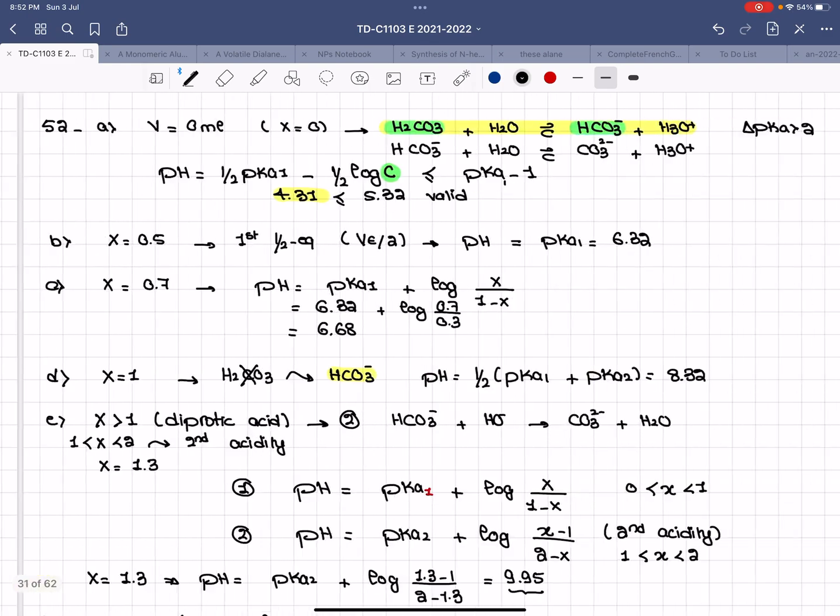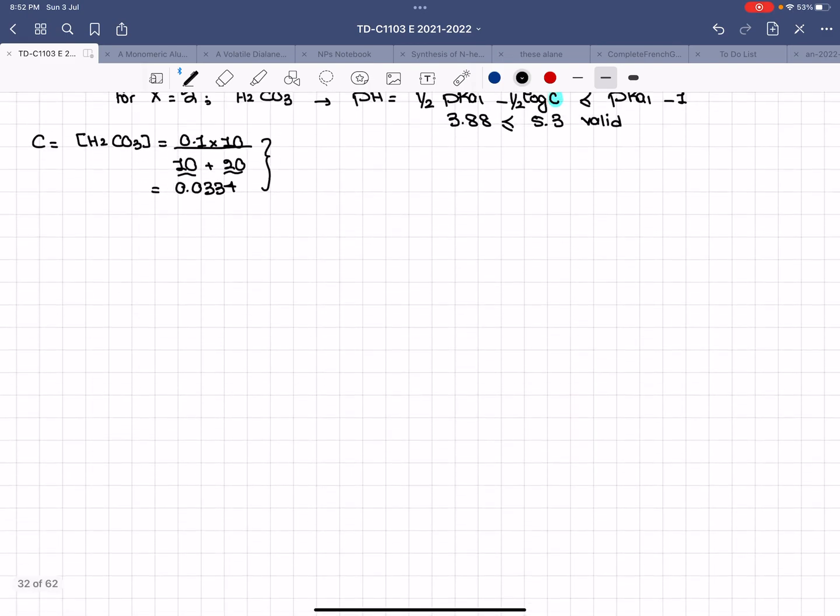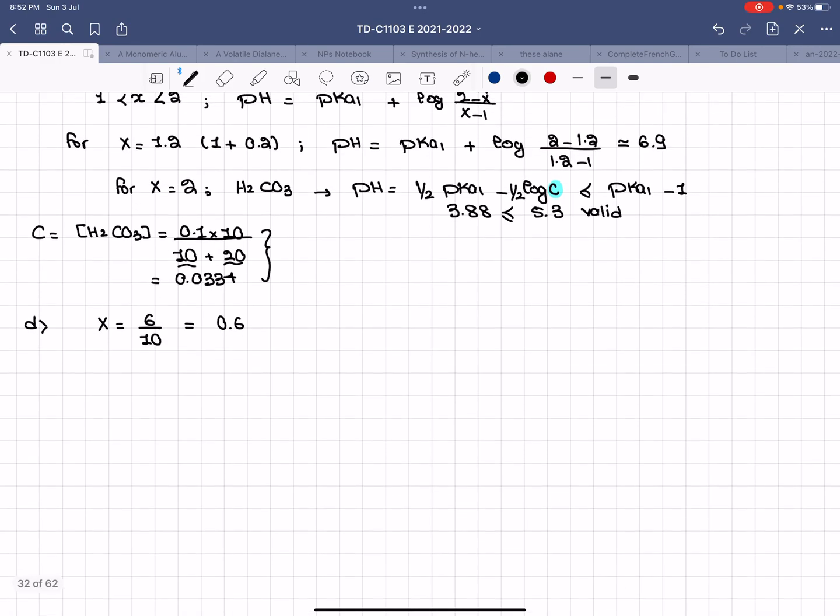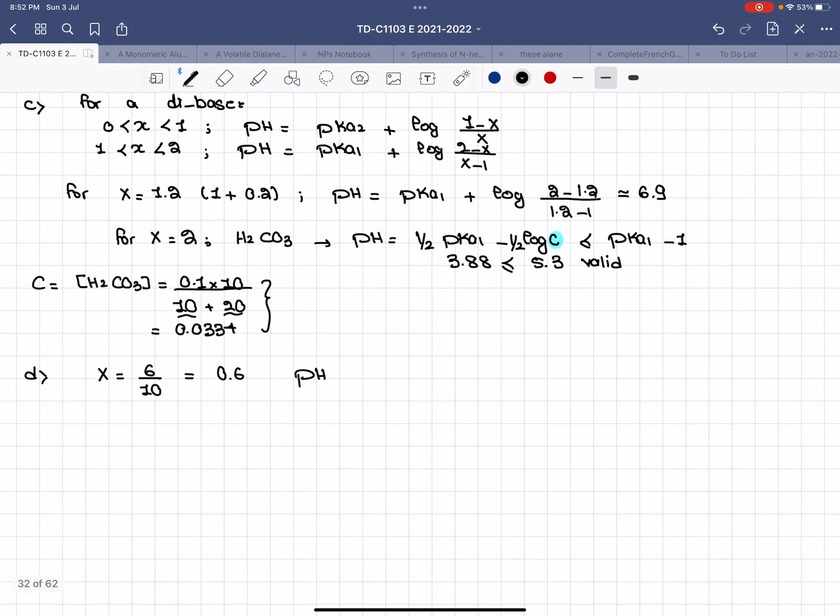Part D. For x equals 6 divided by 10, because we calculated the volume at equivalence, this is basically 0.6. You use the first equation, where pH is equal to pKa2 plus log of (1 minus 0.6) divided by 0.6.